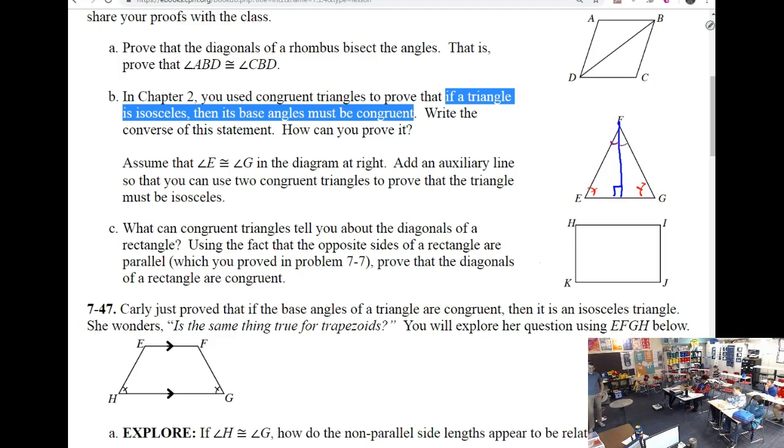So even without talking about EF and FG yet, I think I heard some people saying H, right? So I've created similar triangles. If I use the reflexive property, I can make that congruent to itself. Yeah, but we don't know that it's isosceles.